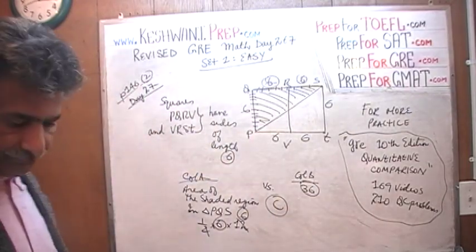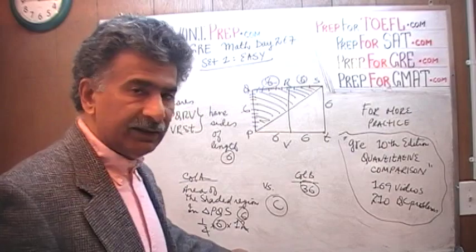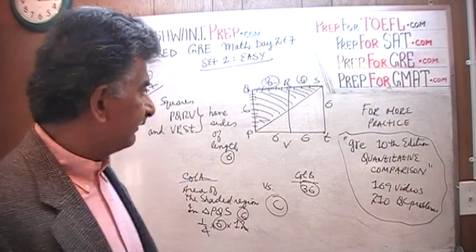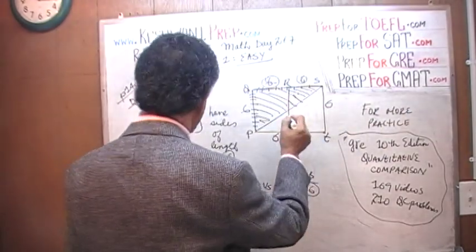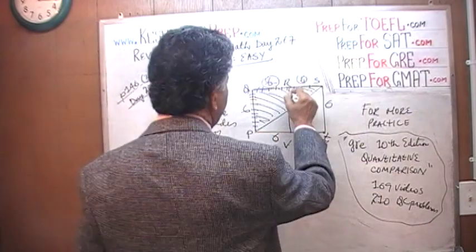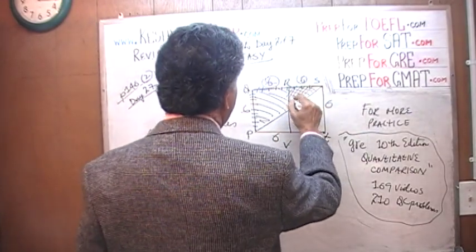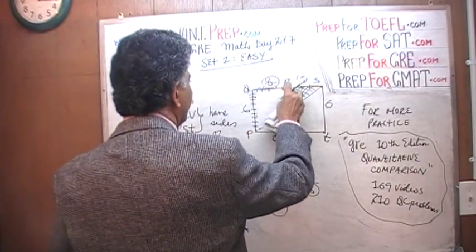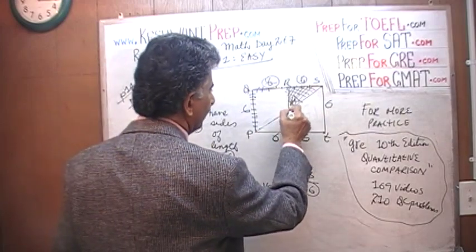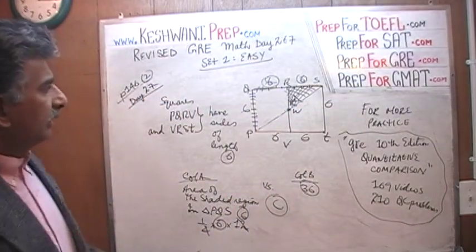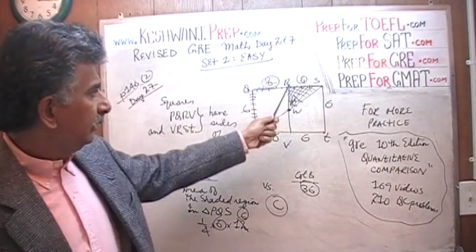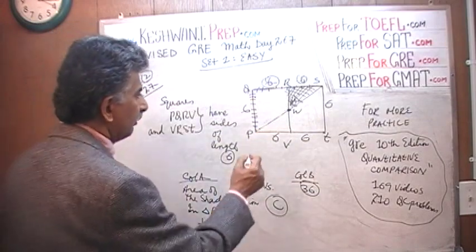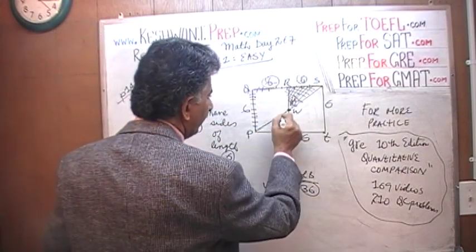The answer is C. This is one way of doing it, but this was a very tedious and boring way of doing the whole thing. What we need to realize is that if we were to pick up this triangle, let's call this point W. If you were to pick up the triangle R, W, and S, listen carefully, and flip it, we should be able to see that this triangle should fit in this area right here.